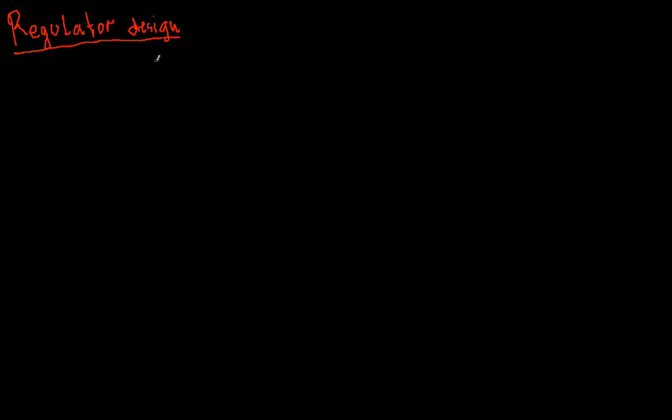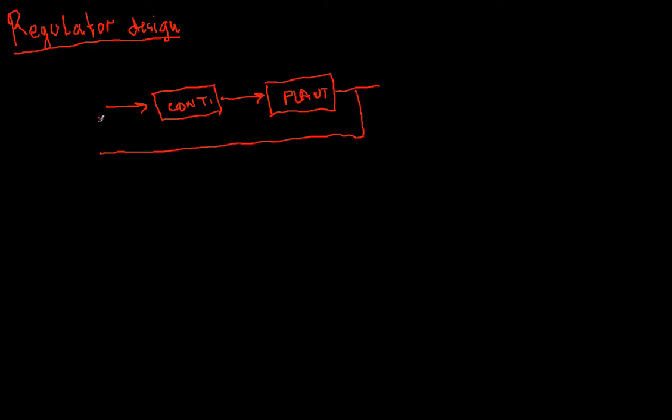In other words, we are looking at how to design the regulator such that the given plant in the feedback structure, given as follows, is stable. This is the classical feedback structure.